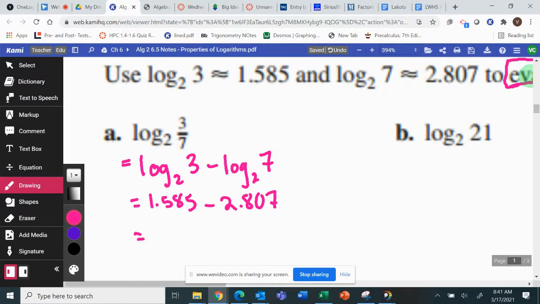I just want to get to the properties, not so much subtraction, because that is 4th grade math, 5th grade math, one of those two. Negative 1.222. That's what that one is.